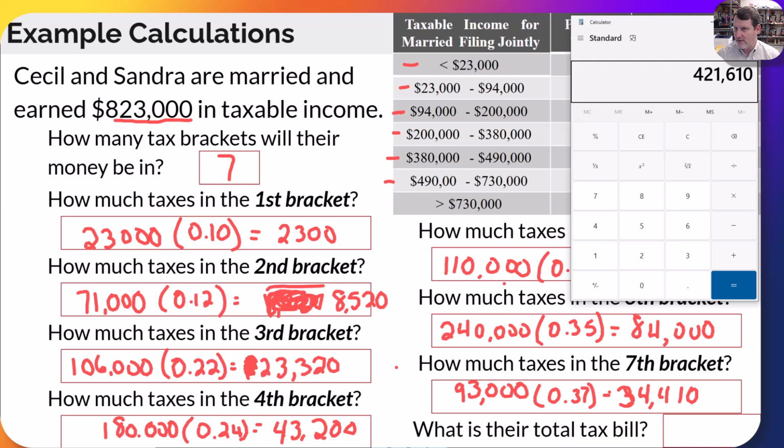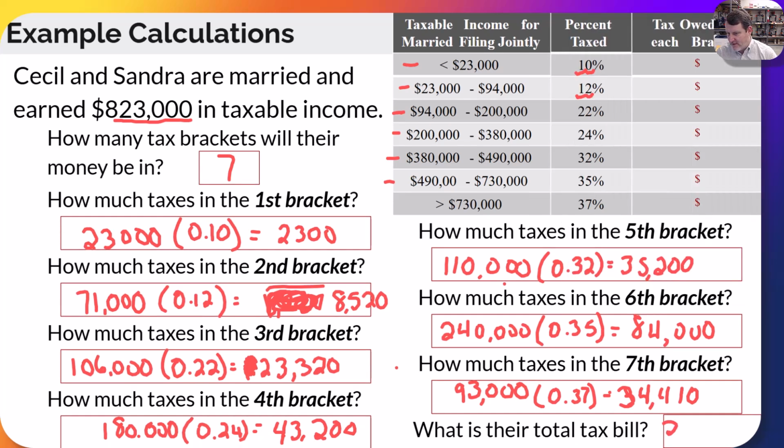Which is totally wrong. Let me pause and get the right answer here real quick. That ends up with a total tax bill of $230,950. I put the dollar sign in the middle weirdly.